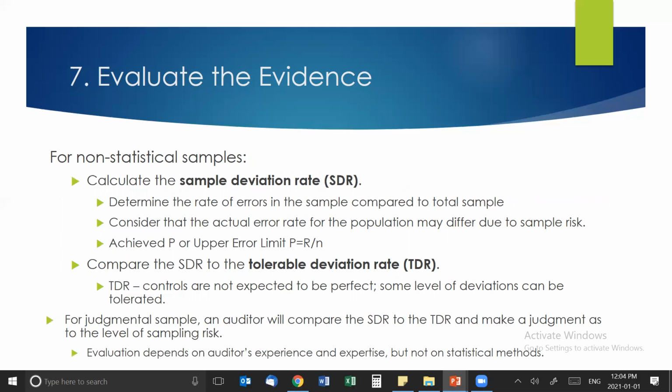What you're going to do when you evaluate the evidence is calculate the sample deviation rate. So you're going to determine the rate of errors in the sample compared to the total sample.